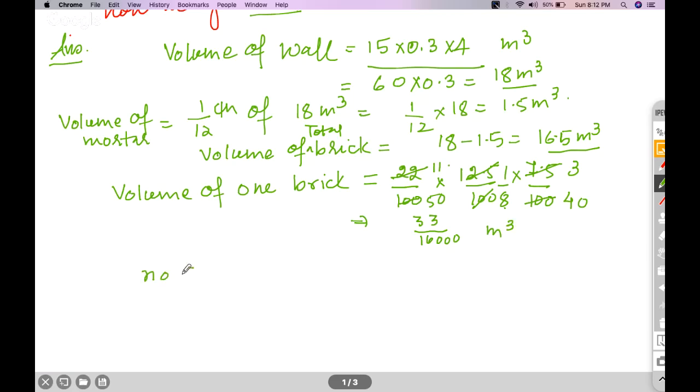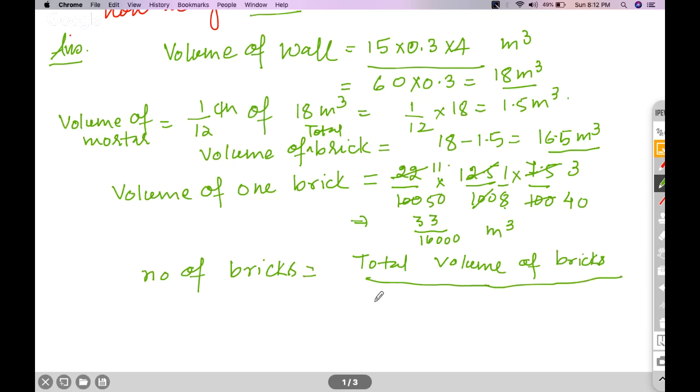So the number of bricks would be equal to total volume of bricks divided by volume of one brick, which is 16.5 divided by 33 into 16,000.